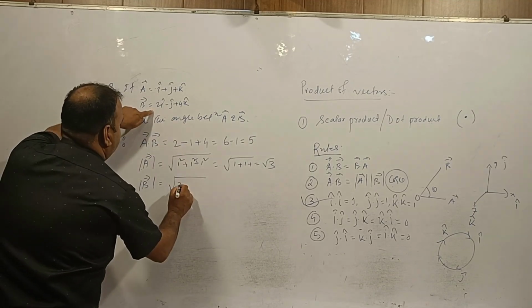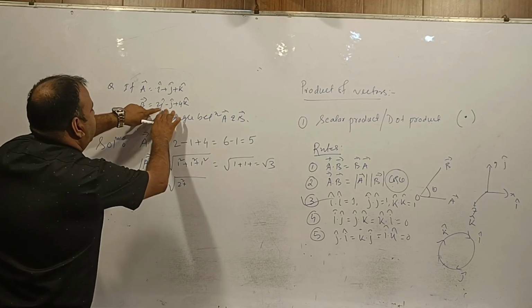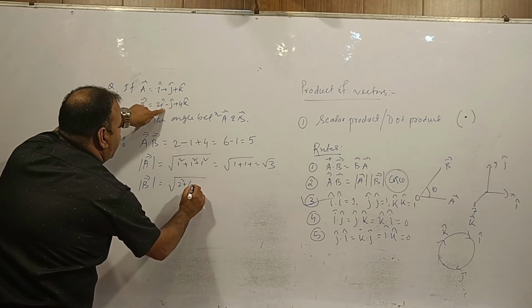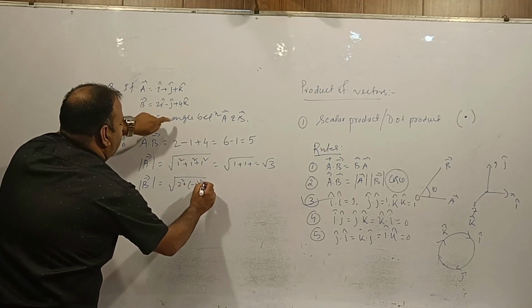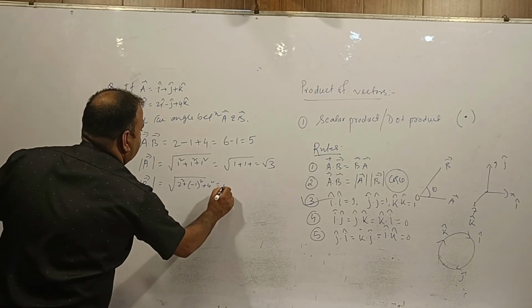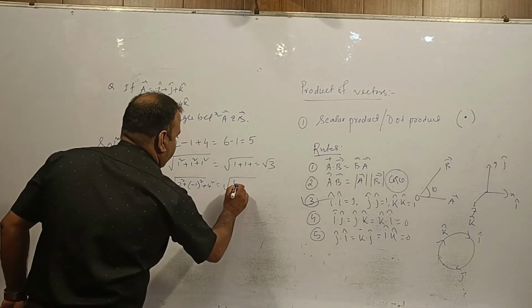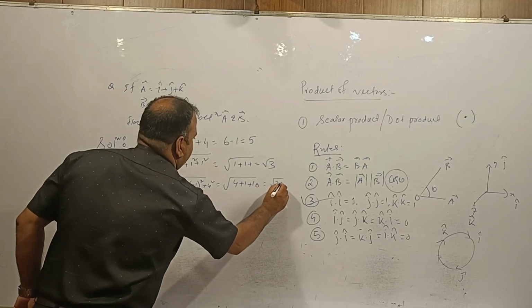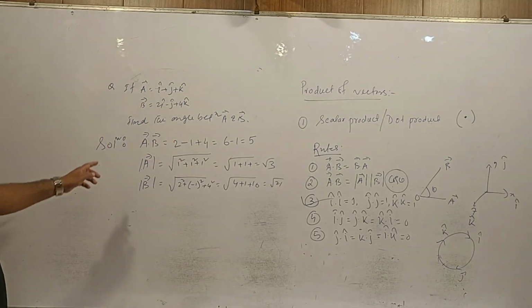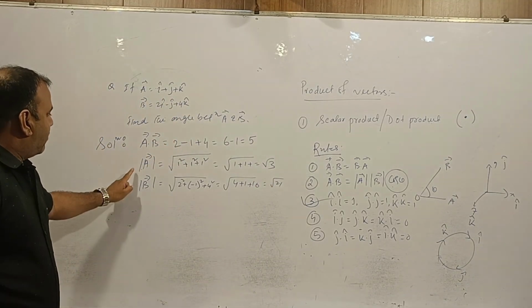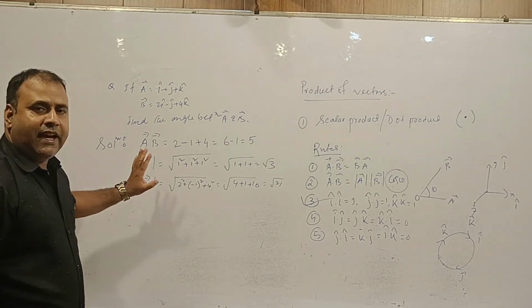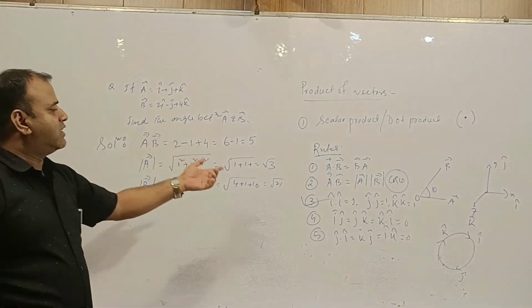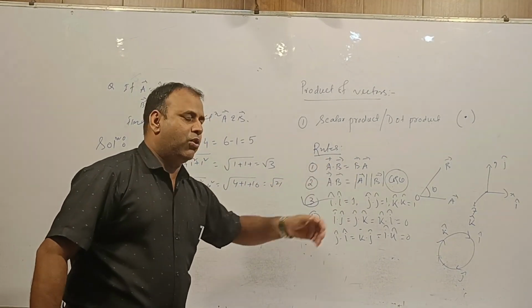You can see 2 square, but you always remember the minus sign is here, that is why you have to mention minus 1 whole square plus 4 square. So the value will be 4 plus 1 plus 16, which is 21. So A dot B, modulus A, modulus B I have already calculated. Now using this formula you can easily calculate the value of cos theta.